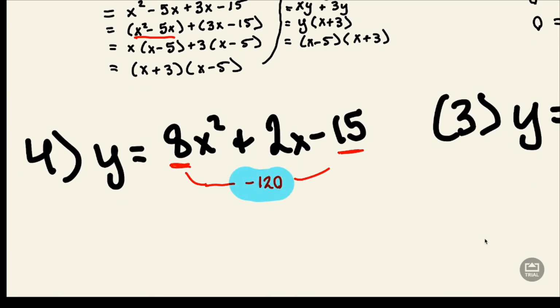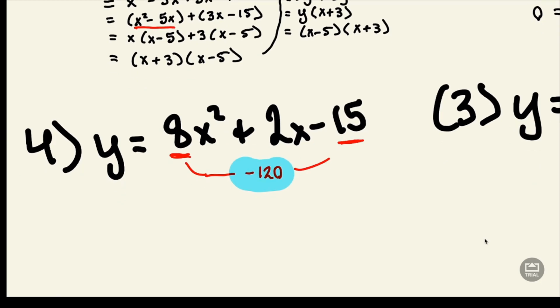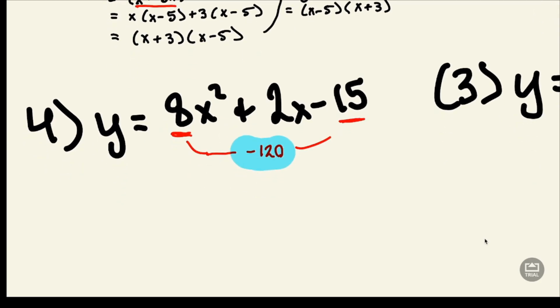So now it's two numbers that multiply to negative 120, but added give you positive 2. Let me take out my calculator. You're allowed to use a calculator for these questions, because there can be much bigger numbers. Let's try 10, for example.